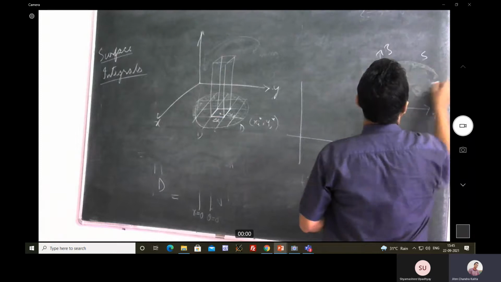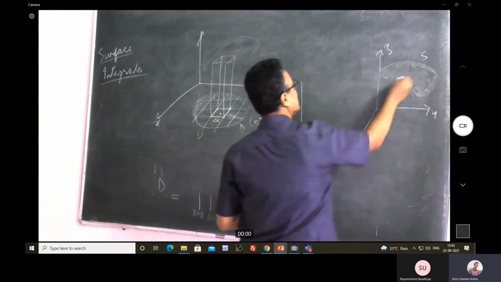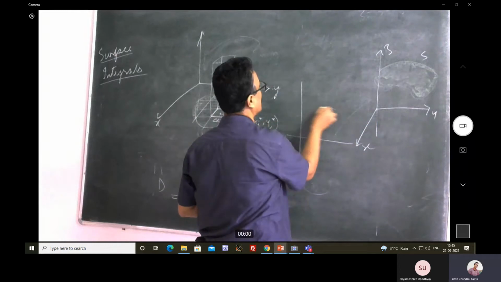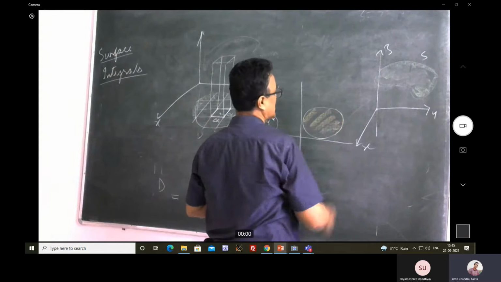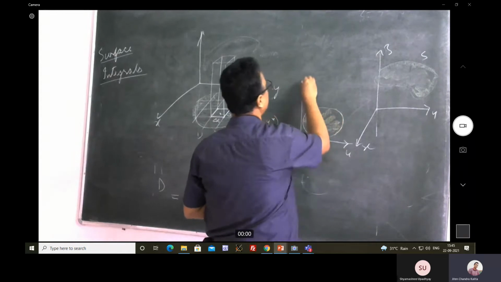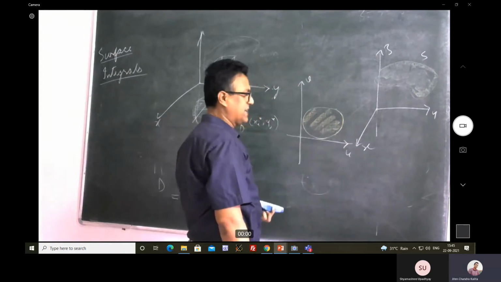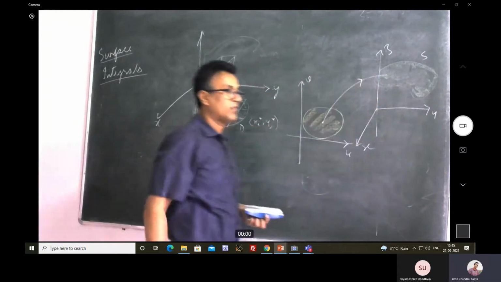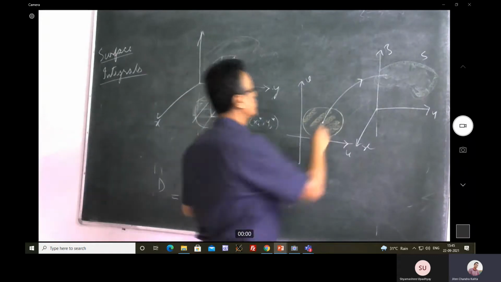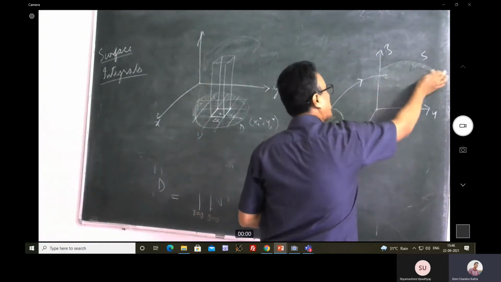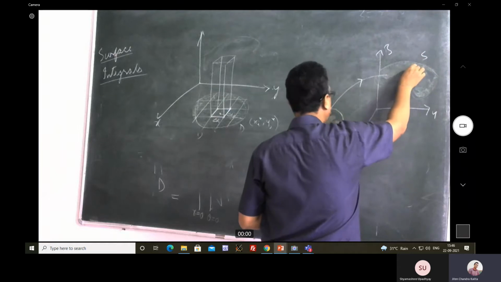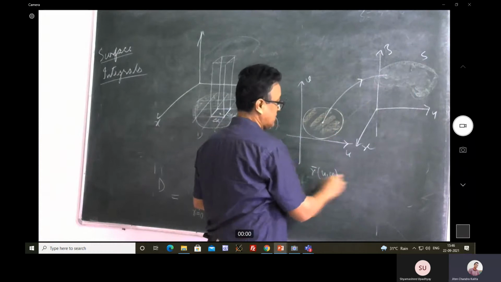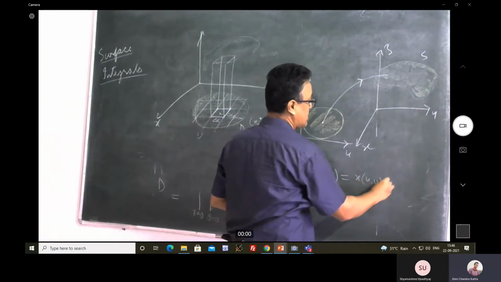It is say S. Now I will assume that this surface corresponds to some region D in UV space, and then you can find some mapping from here, so that each point on the surface S is obtained by taking r of u, v.